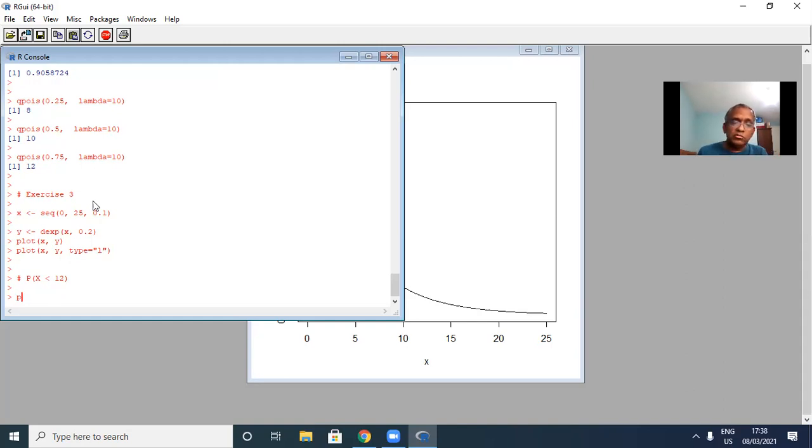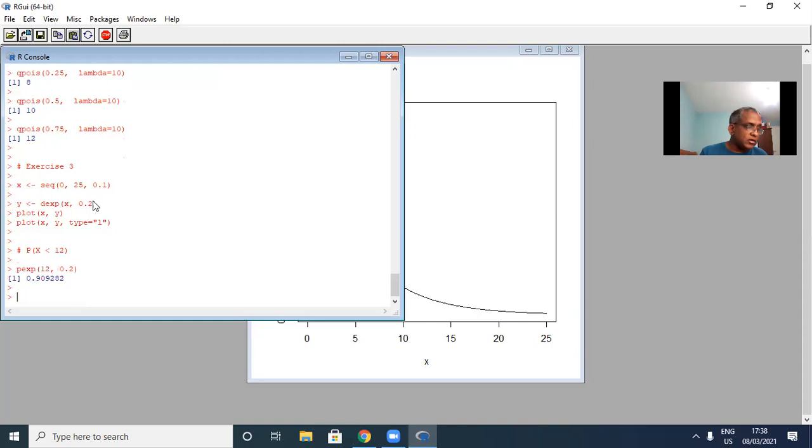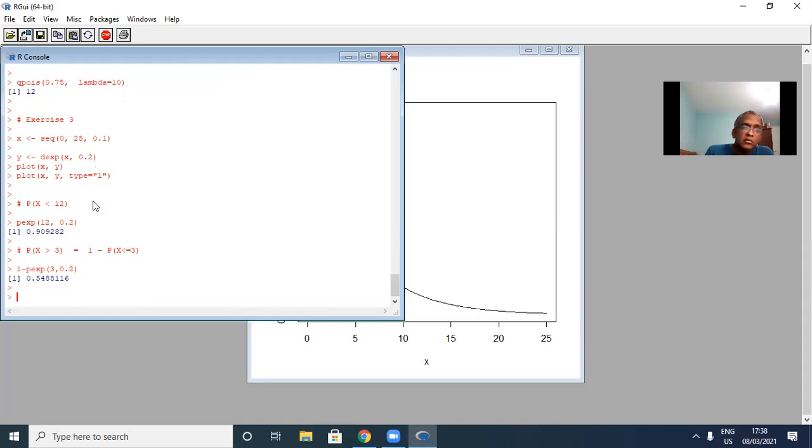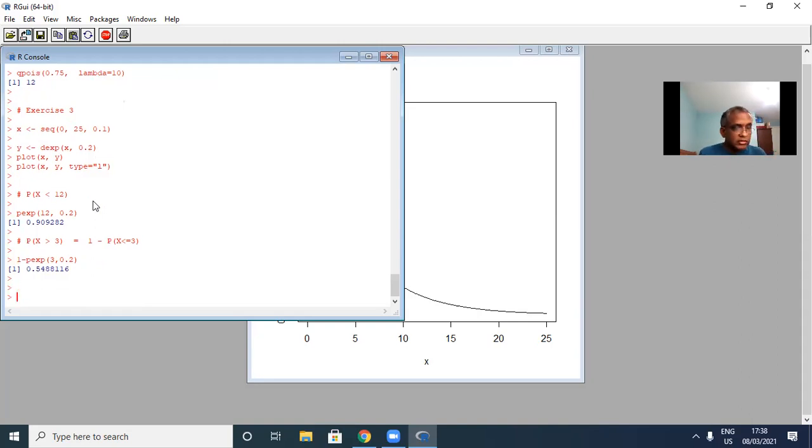So to find this probability, you say pexp at 12 with parameter 0.2. Similarly, to find the probability that x is greater than 3, you can write this as 1 minus the probability that x is less than or equal to 3, and this is pexp like this.